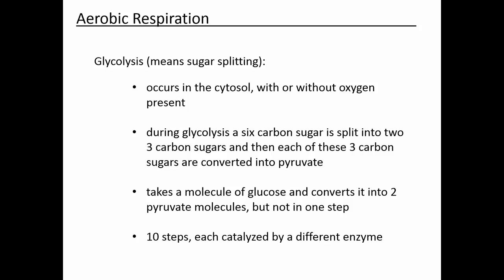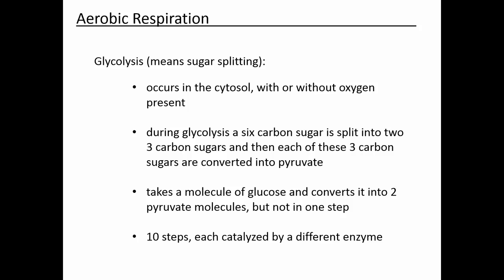Okay, so we're going to start with the first stage, glycolysis. The glyco part always refers to carbohydrate, and lysis obviously means to break or split. So what you're doing in glycolysis is you're splitting sugar, you're splitting glucose. What's going to happen in the cytosol of cells is that glucose is going to be broken down eventually into 2 pyruvate molecules.